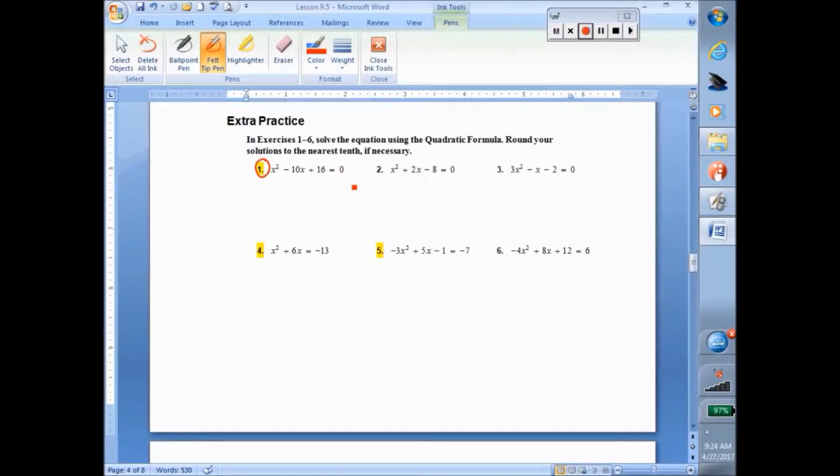After I make sure I have standard form, I want to pick out my a, my b, and my c. The a value is in front of x squared, so we have to be careful here. I can't put x squared for a. There's really a 1 in front of it. Remember, a, b, and c have to all be numbers. My b value is in front of the x. In this case it is a -10. My c value then, that constant, is 16.